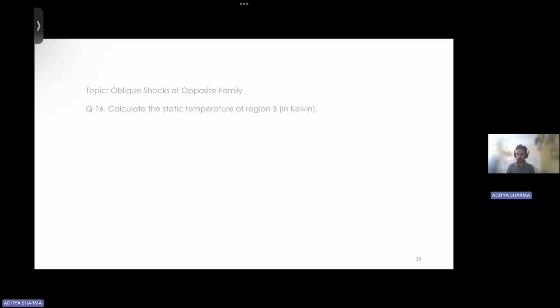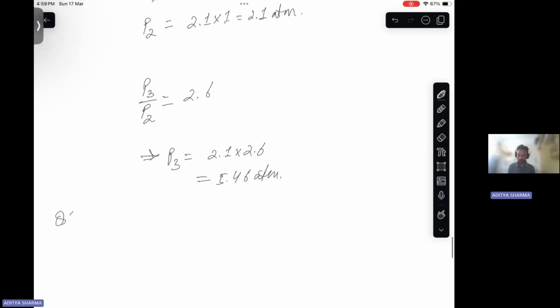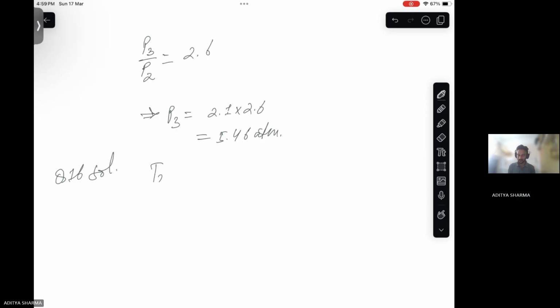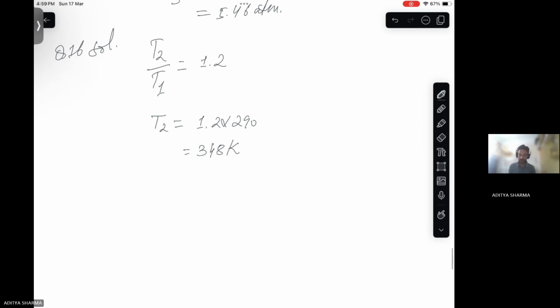Now the last question is calculate the static temperature at region 3 in Kelvin, right? So we will do the same way in this question number 16, that is our last question. T2 by T1 gives T2, which is 348 Kelvin, right?